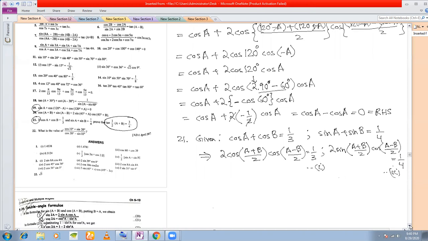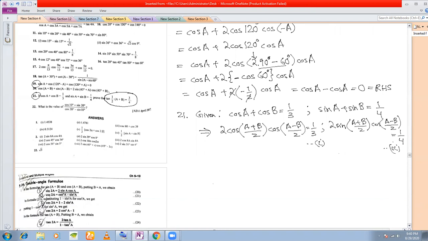Now what happens? We have to show that tan (A plus B)/2. Tan (A plus B)/2 is what? Sin (A plus B)/2 by cos (A plus B)/2. So what you do here is divide 2 by 1.